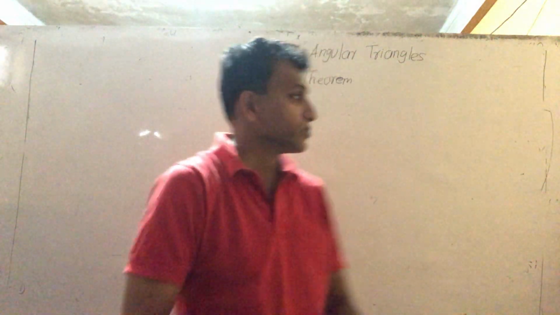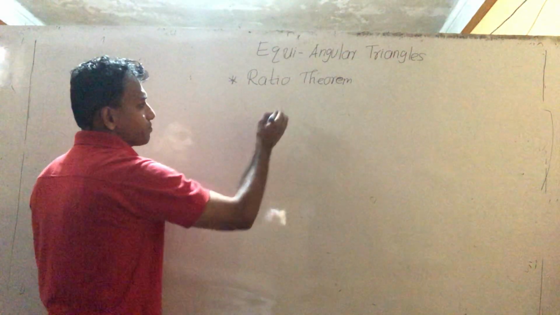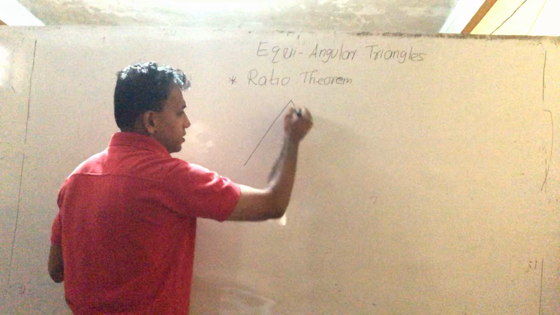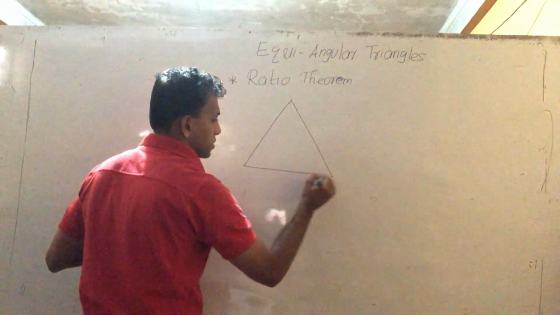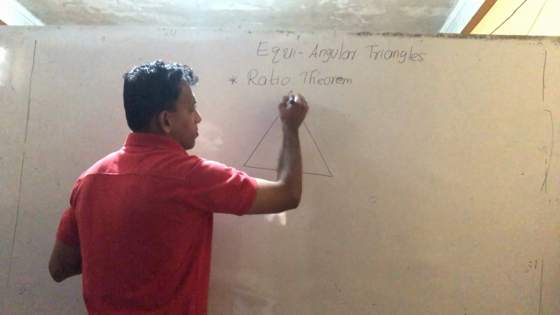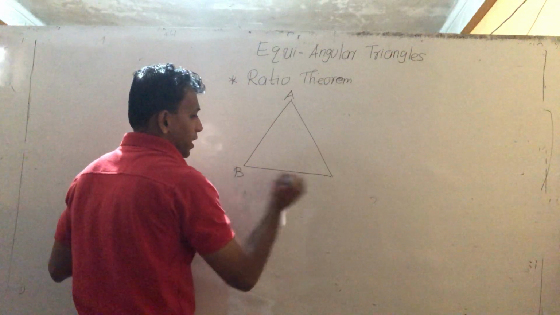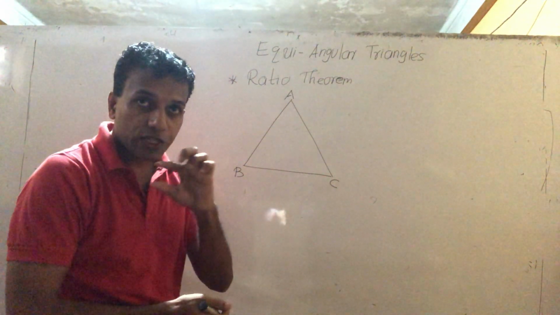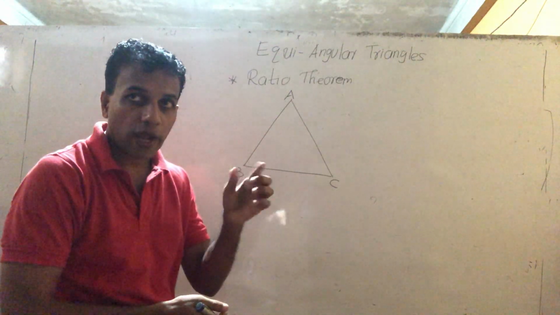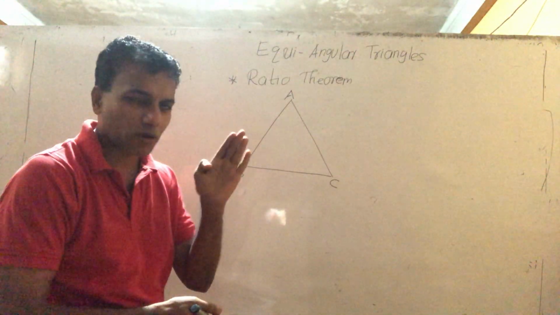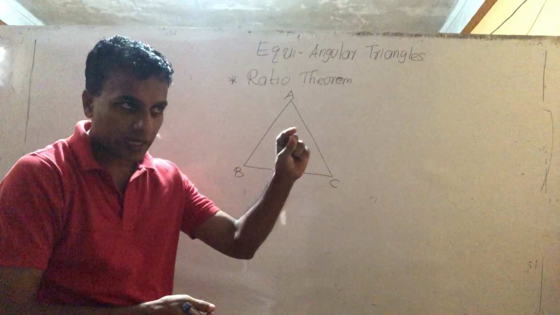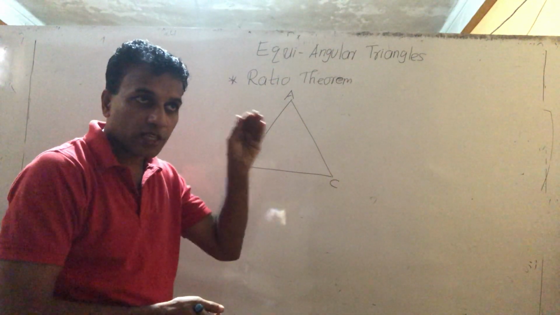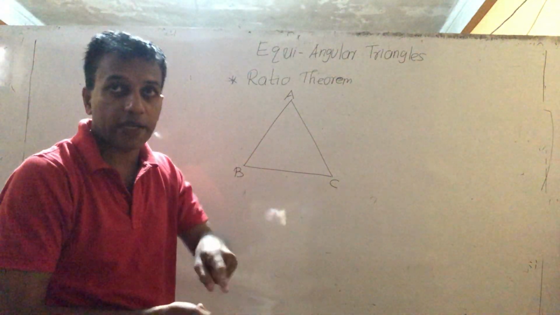See how that works. I'll show it by diagram. A triangle, let's name it ABC. Triangle ABC has three sides. A line is drawn parallel to another side. You can draw a line inside this which is parallel to another side.